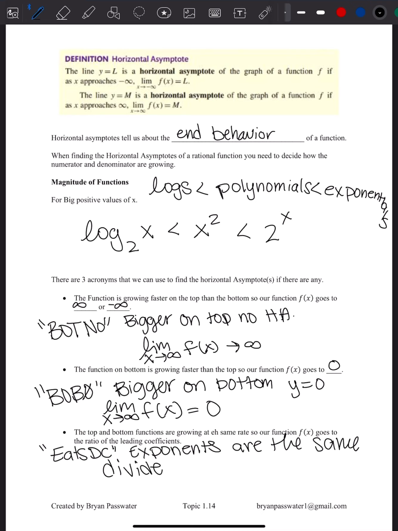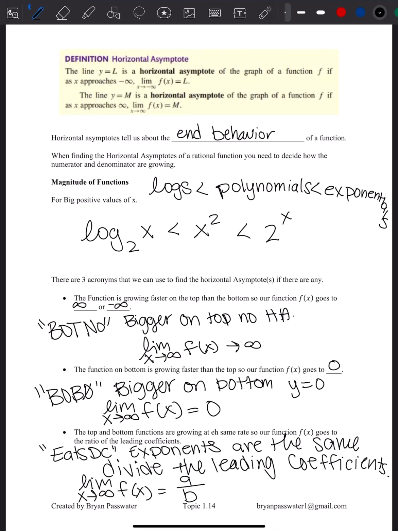Specifically, we want to talk about dividing the leading coefficients. So we get something like the limit as x approaches infinity of f of x is going to equal some number divided by another one. So we are going to be looking at what this would look like in different situations.